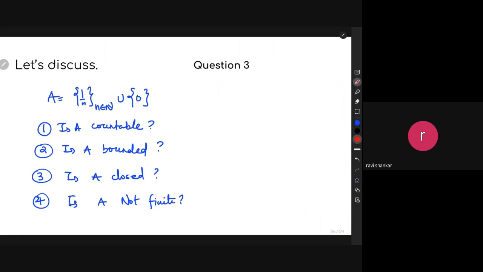Clearly it is not finite. It is bounded, correct? Because what are the bounds? It is bounded below by 0. Basically the infimum of A is 0 and the supremum of A is 1. So it is bounded.